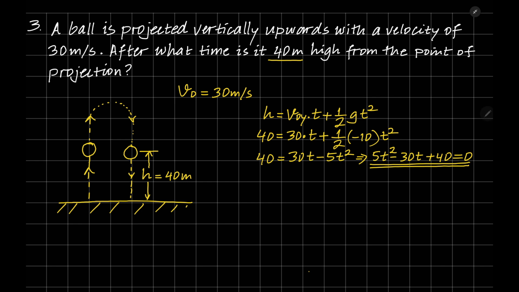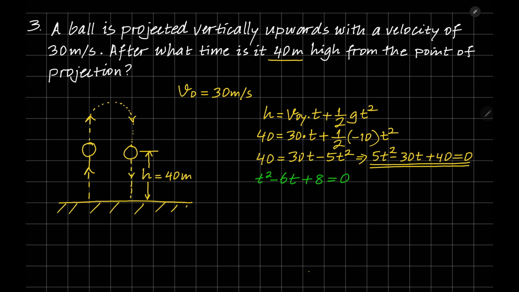If we divide both sides by 5, it will simplify to t square minus 6t plus 8 equal to 0.